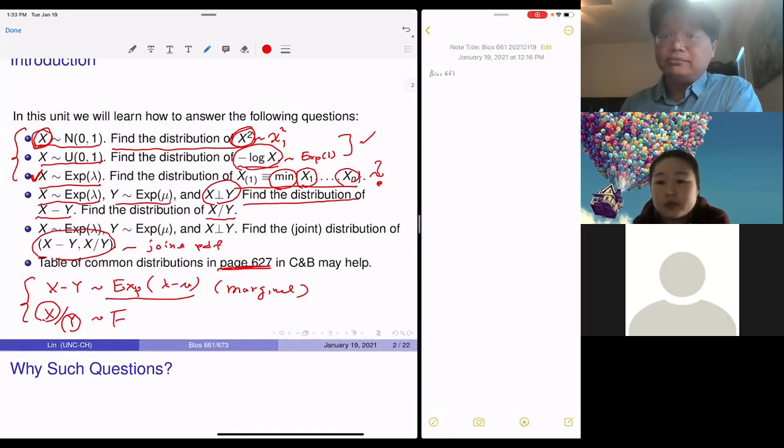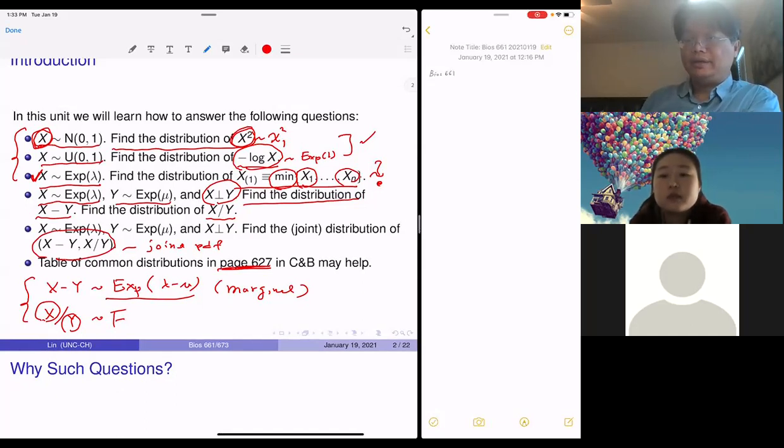Okay, this document I'm going to upload to Sakai. I have that PDF file scanned, so I can upload it. The reason I say so is that this distribution table will be given to you in the master exam as well as an additional table for your cheat sheet.